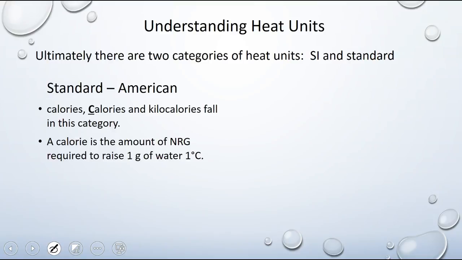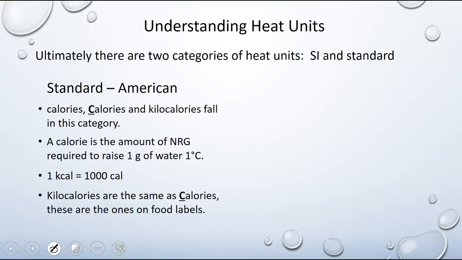One calorie, little c calorie, is the amount of energy required to raise 1 gram of water 1 degree Celsius. One kilocalorie is equal to 1,000 little calories. That's lowercase c calories. And kilocalories are the same as capital C calories, and these are the ones on the food labels.